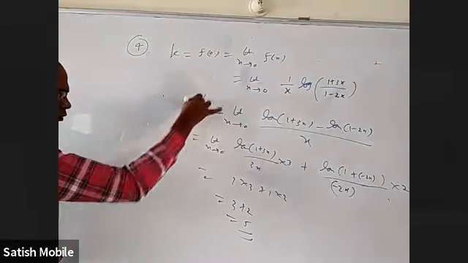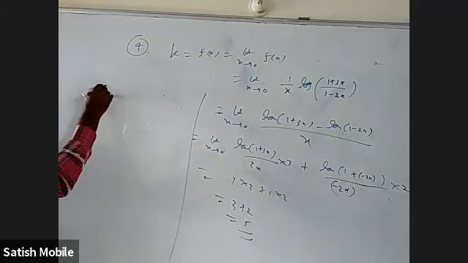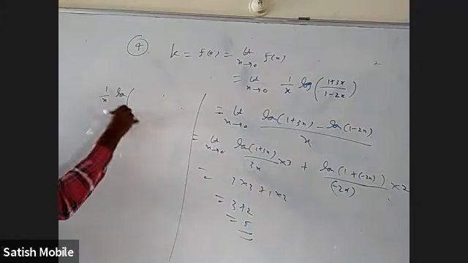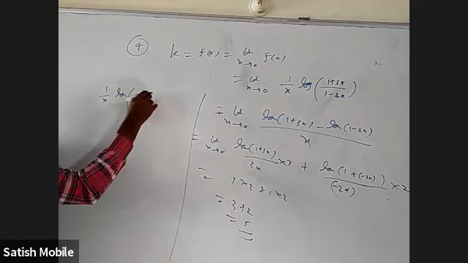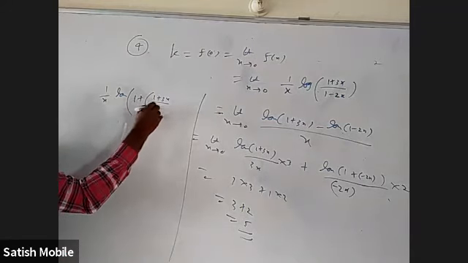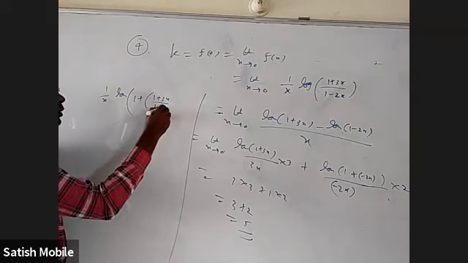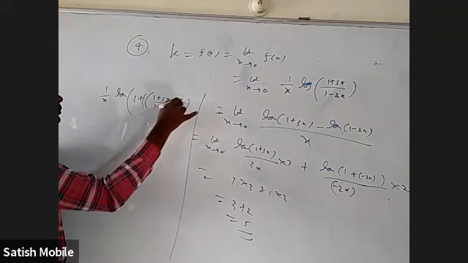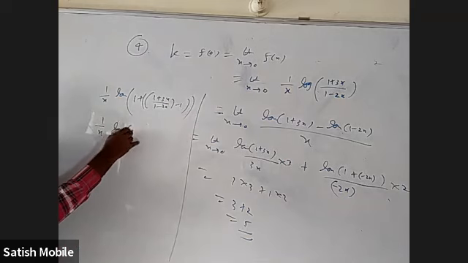There is another way to do the whole limit here. 1 by x log. I can add 1 and subtract 1 inside. 1 plus 3x by 1 minus 2x minus 1. 1 by x log 1 plus.